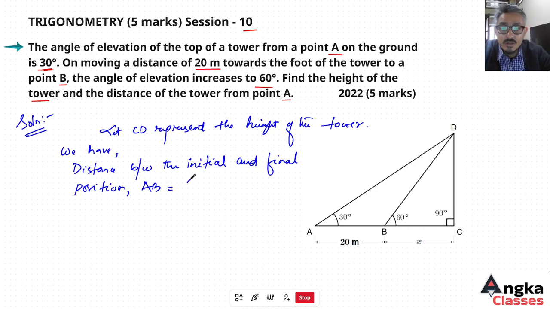AB is nothing but 20 meter. Very good. The angle DAC is 30 degree, and the angle DBC is equal to 60 degree.